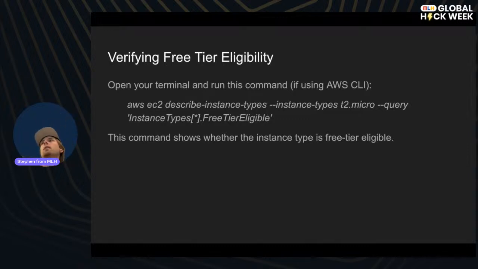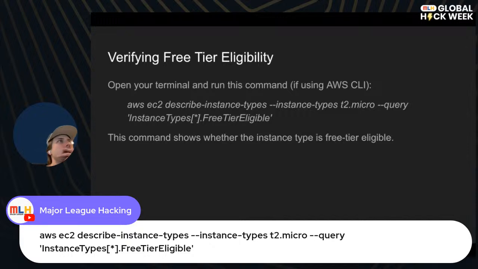So this command line code is going to be great if you want to test and see if your service that you're interested in running is eligible for free tier. So I'll paste it into the chat. And what we're doing is we're testing if EC2, and specifically the T2 micro, is free tier, or if we can use it without paying.